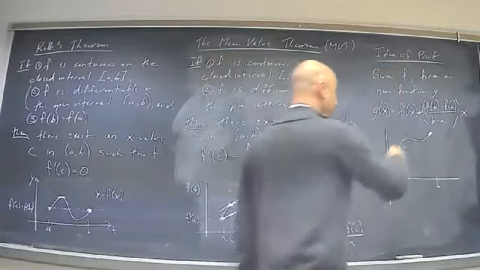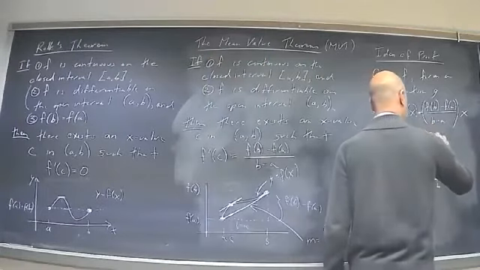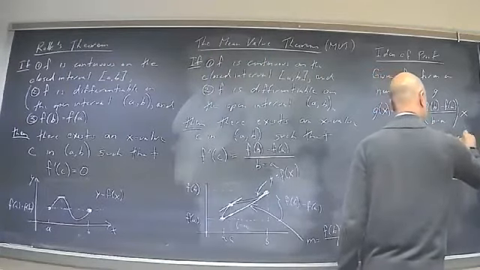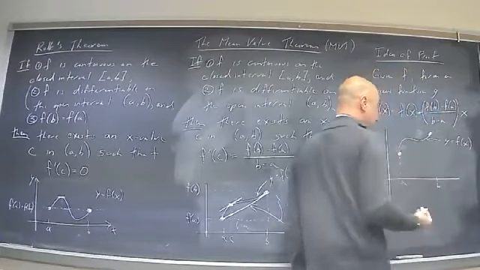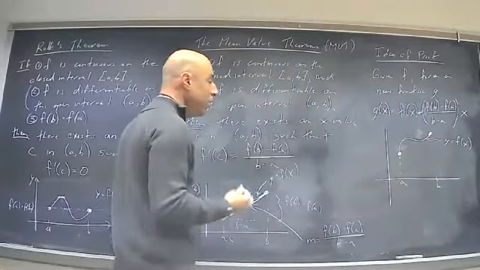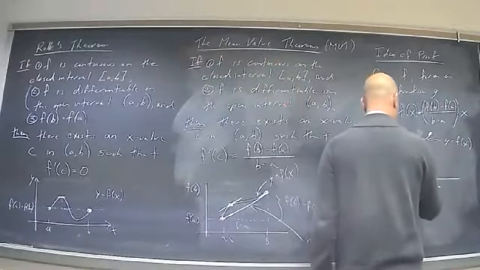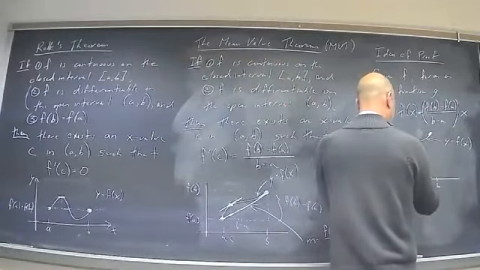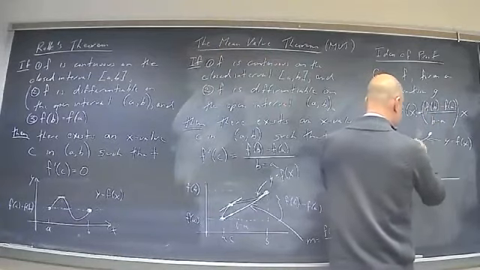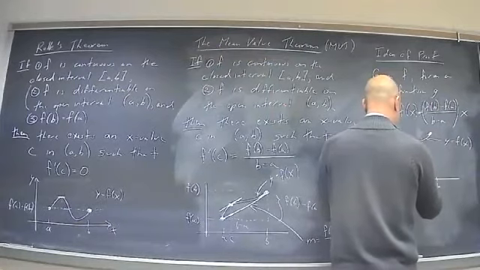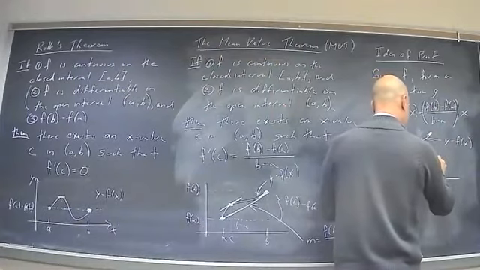And you subtract, so if this is y equals f of x, and you subtract off that, which is just a number times x, it's just a line through the origin, what you end up with is another curve, which looks a lot like this curve, but it's shifted. We sort of subtracted off the line which connects these endpoints, and we end up with something that looks like this.